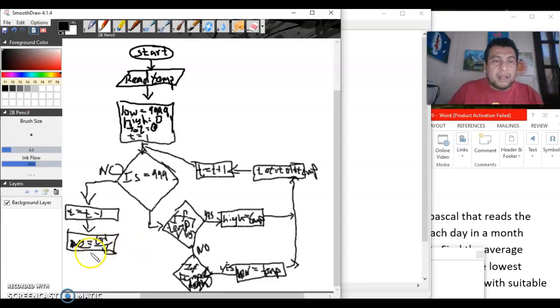And then after that, of course, you have the results. You can do it in one big parallelogram: print lowest is lowest, average is average, highest is the highest. The same thing as the word says, print. And then from there, you conclude with an oval.